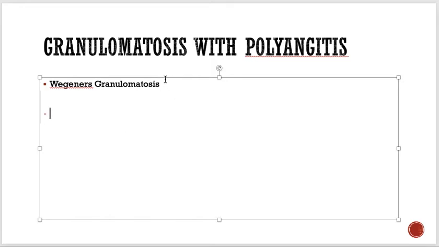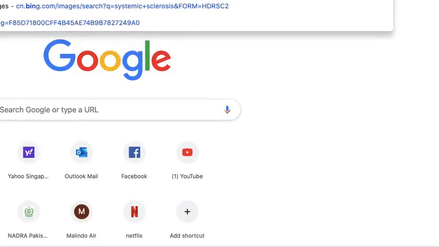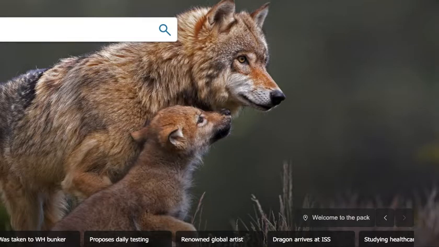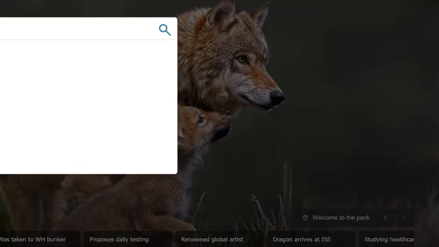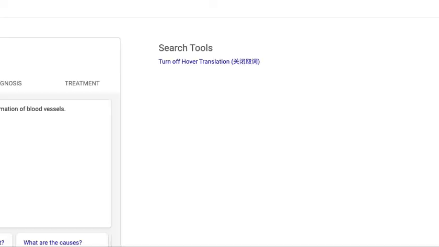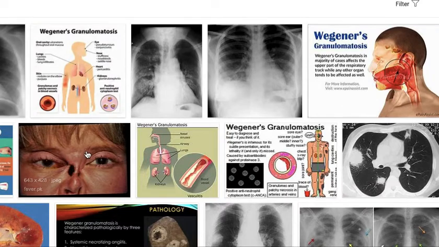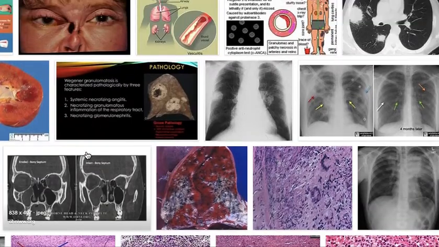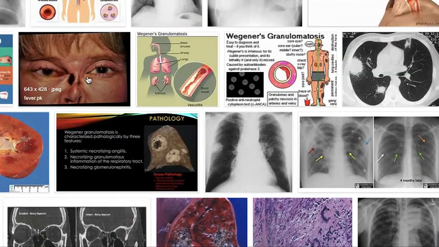Okay, so previously it was called this, but nowadays it is called granulomatosis with polyangiitis. Okay, again I will take the help from Bing and I will show you how it looks. Okay, you can see this photograph is given over here, right?